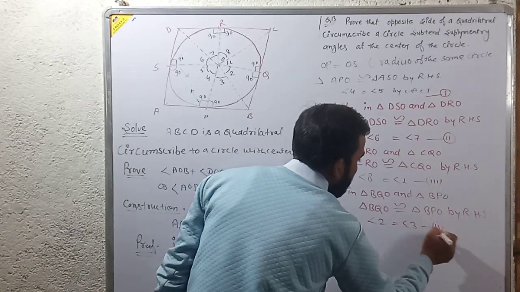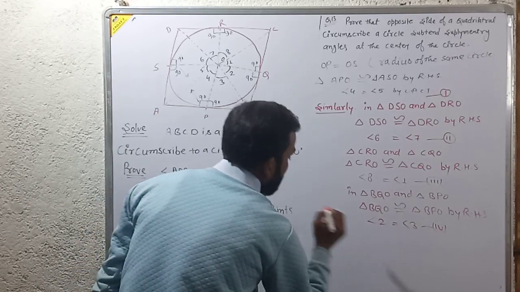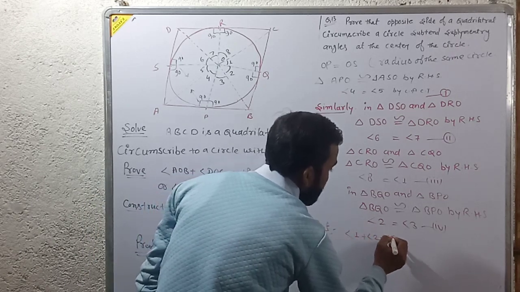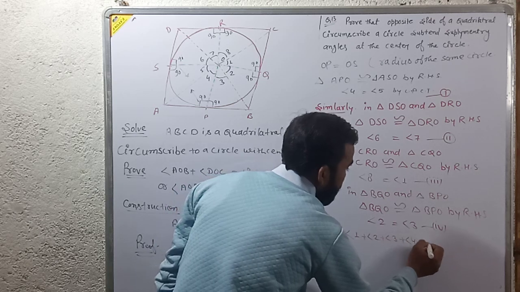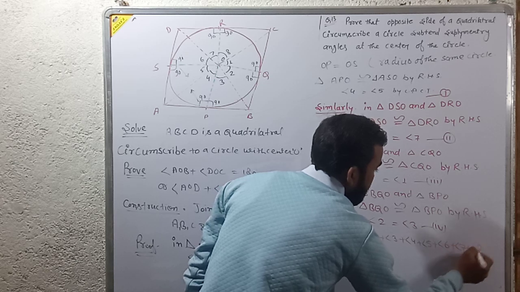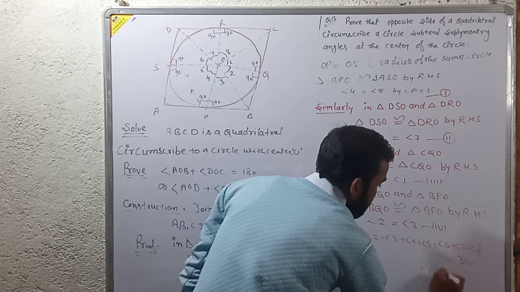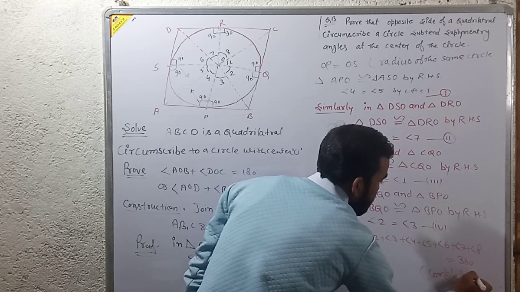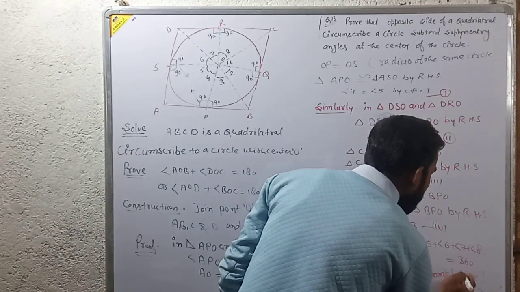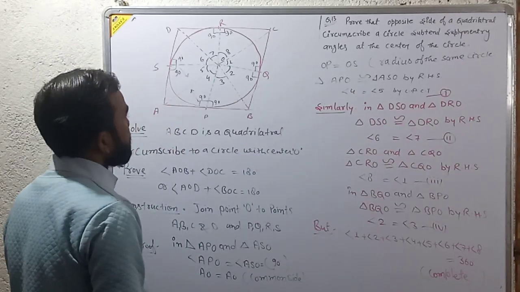This is equation number 4. But we have angle 1 plus angle 2 plus angle 3 plus angle 4 plus angle 5 plus angle 6 plus angle 7 plus angle 8 is equal to 360 degrees because these are complete angles.